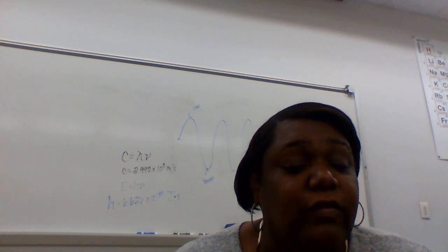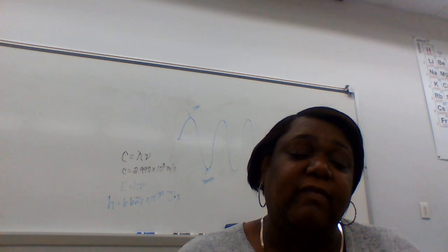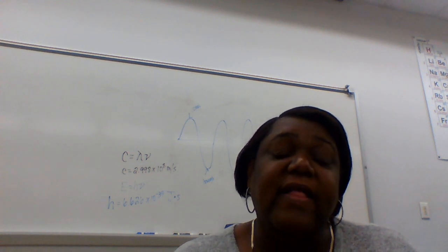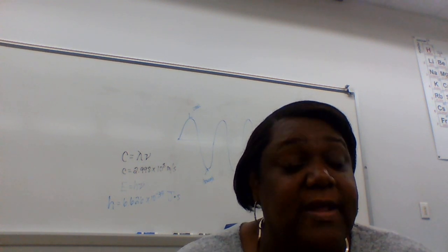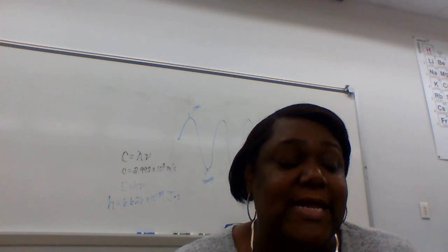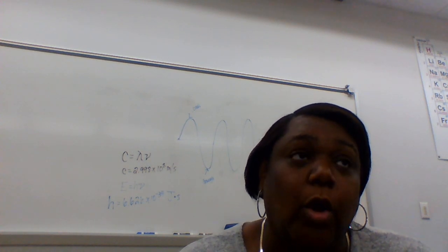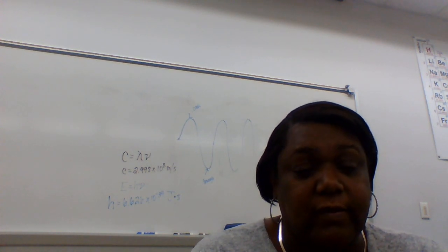Now, when we go back to our sublevels, whatever kind of sublevel I am, my S, my P, my D, or my F, that will determine what the shape of the atom actually is, okay? And again, that shape is accomplished by placing these orbitals on top of one another.